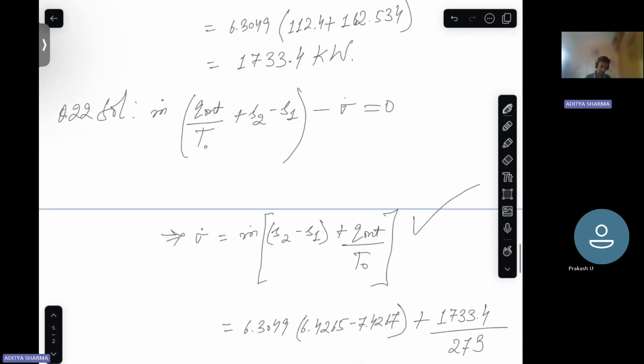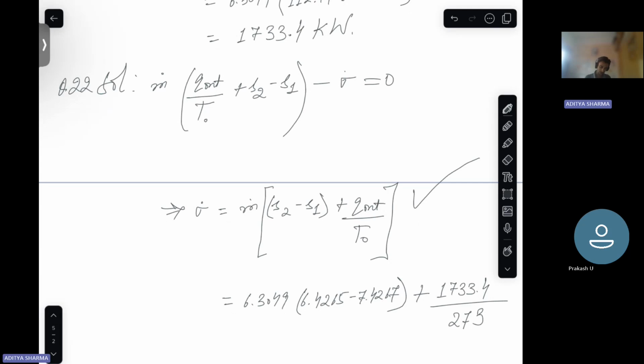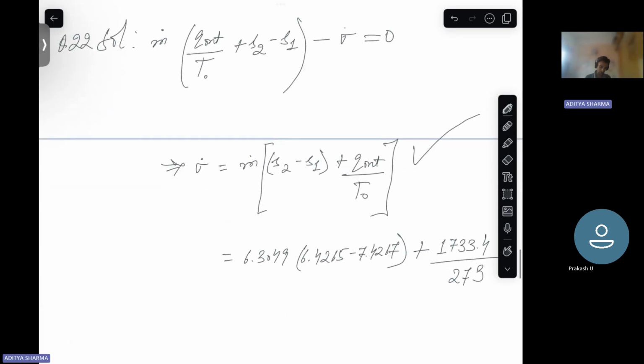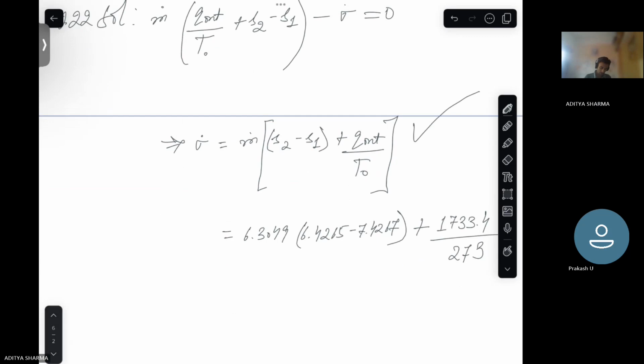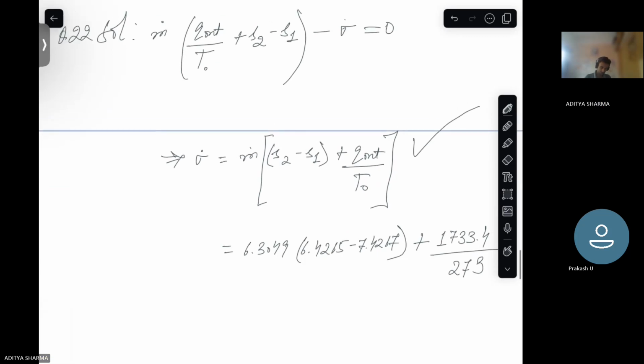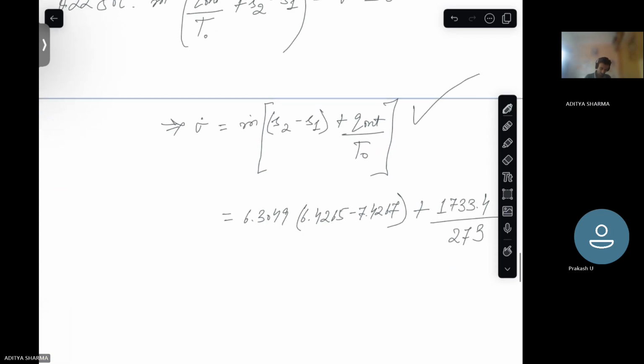And then for question number 22, we are finding out the entropy production, right? Okay. And then if we try to work this out, this comes out to be minus 6.3061 plus 6.3494, right?